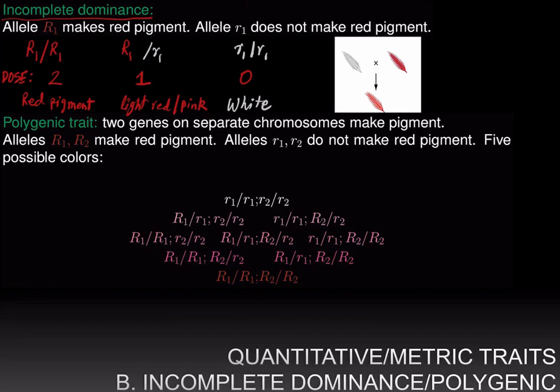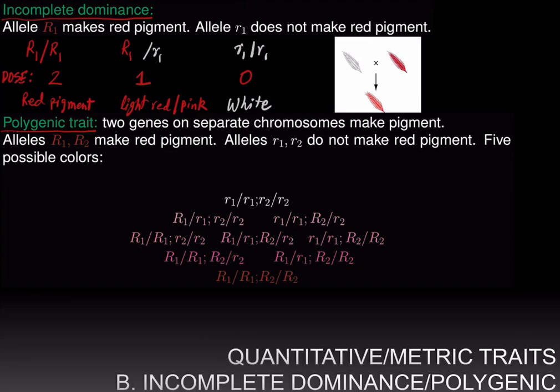To see how you might get many more levels or gradations of a trait, we introduce a second new concept, and that is that of a polygenic trait, which is 2 genes on separate chromosomes that contribute to the trait, or in this example of wheat kernel color, make the red pigment.